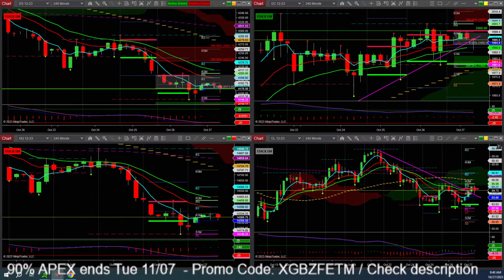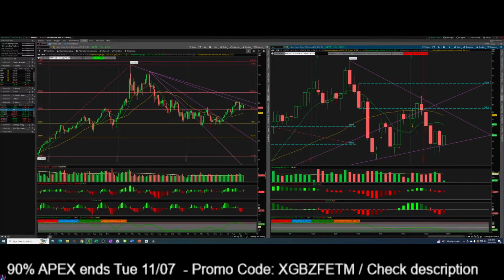I do have my Thinkorswim platform as well here, so I'm going to share that monitor. Okay, so in here we do have crude coming back down. The weeklies are on the left.